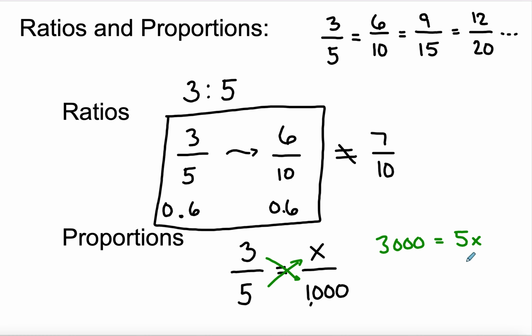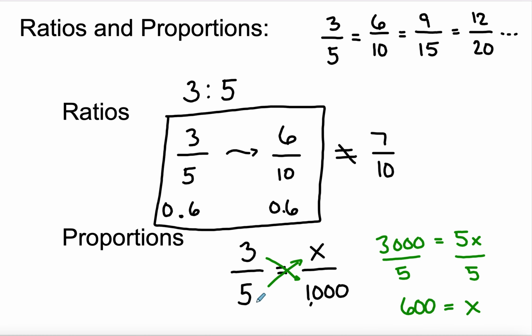Now, to solve this, we take whatever number is attached to the x and divide both sides by that number. 5 divided by 5 is just 1, so we're just left with 1x. 3,000 divided by 5 is 600.